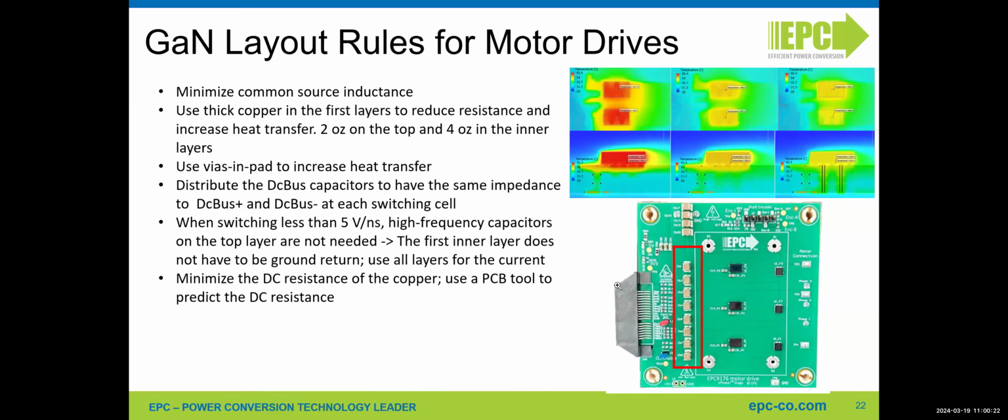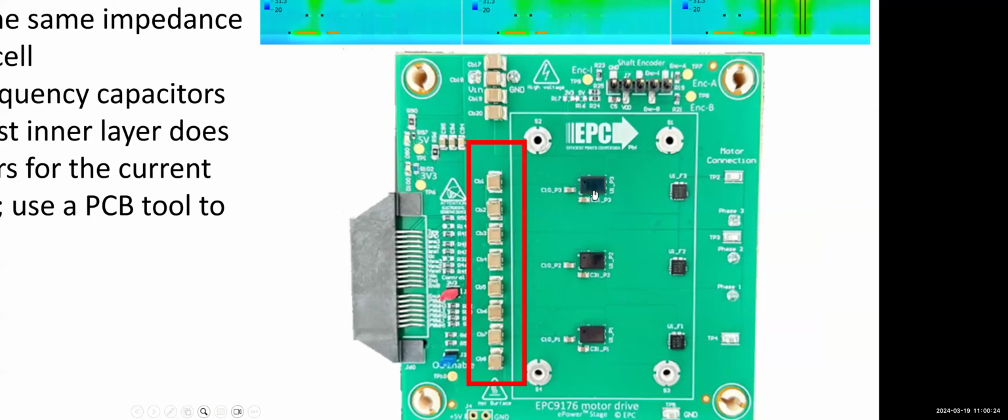If you consider this area here, and this area is DC bus plus, and on the first inner layer there's another copper which is again DC bus plus. If I put vias here, they will interconnect this part with the DC bus plus on the first inner layer and the second inner layer.